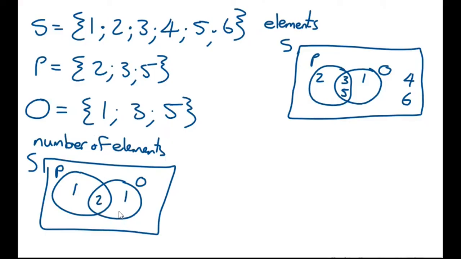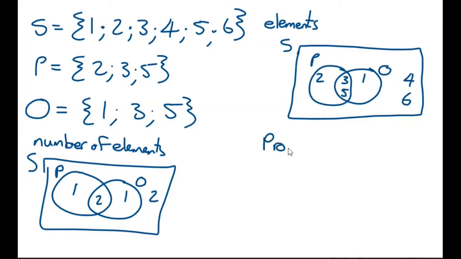There was 1 thing in the odd only, and there were 2 things outside the circle. Please make sure, now this is confusing because the elements were numbers, and now number of elements is also numbers, but you see that the numbers represent different things. It's telling me how many things were there. Whereas in the first example, I was actually listing which values we were going to have.